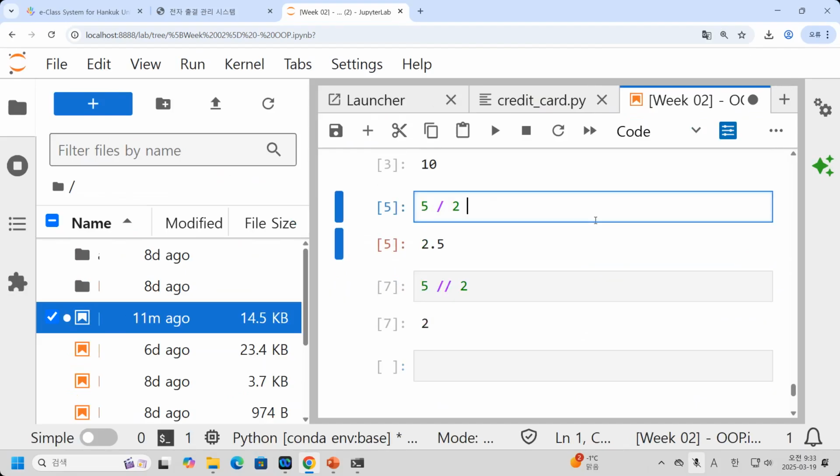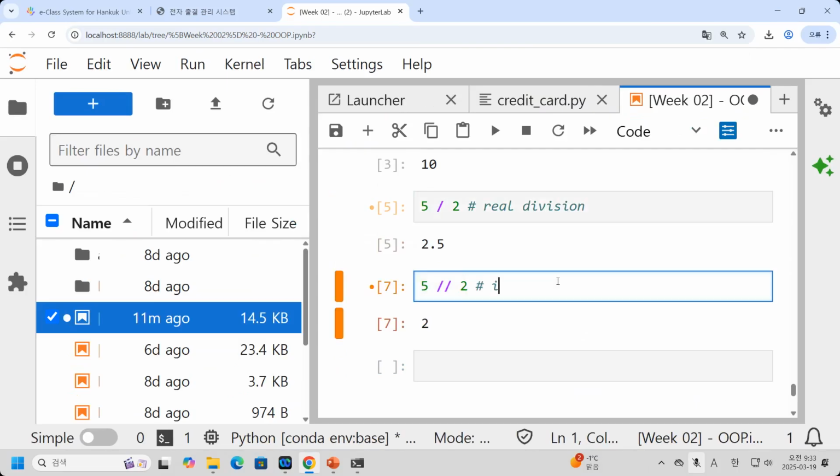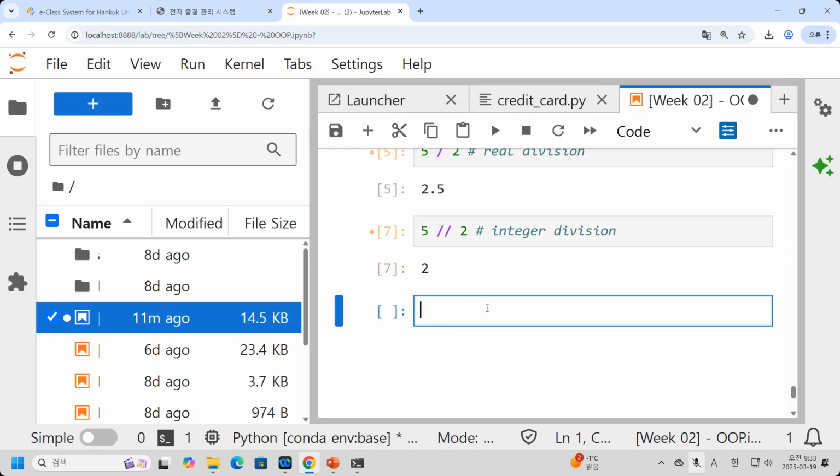So if we do with this one, it means this is the real division. If we do with this one, then we want to get the integer division, so it will go to the nearest integer. Let's see again: 10 slash slash 3, what is it? Is it 3 or 4?